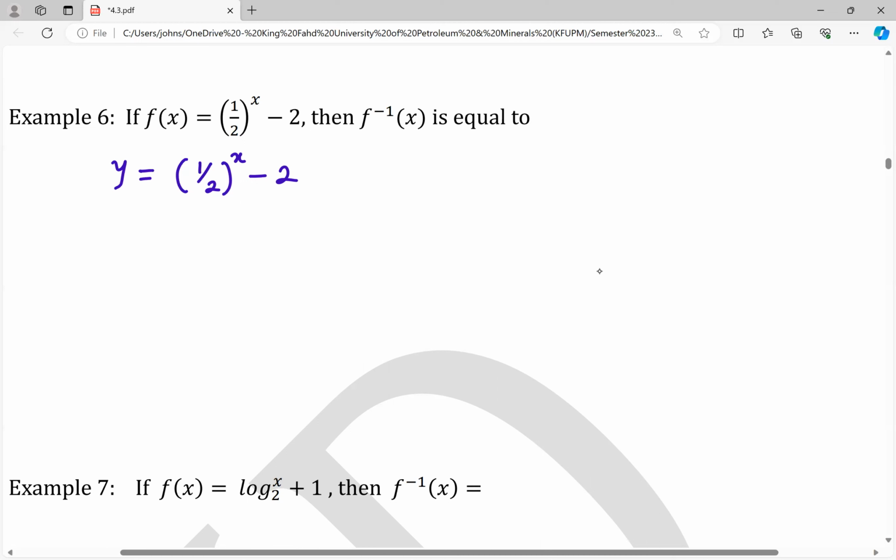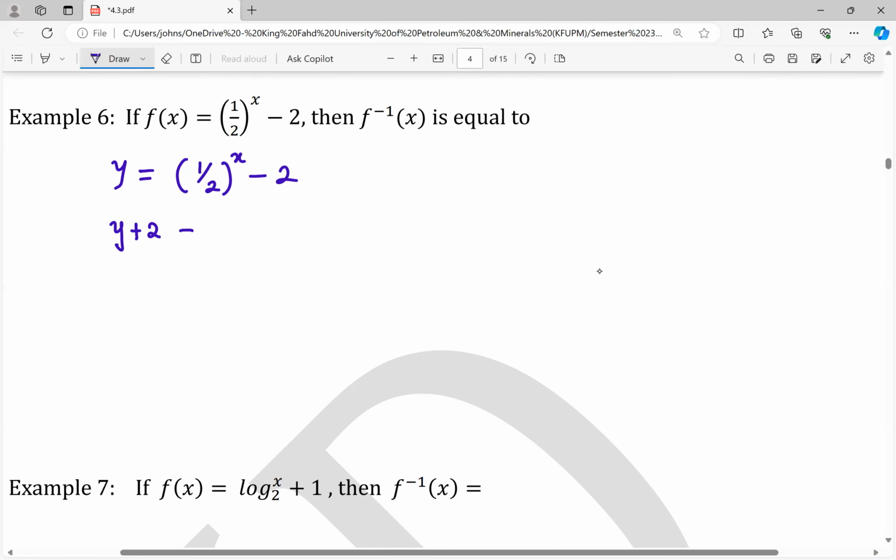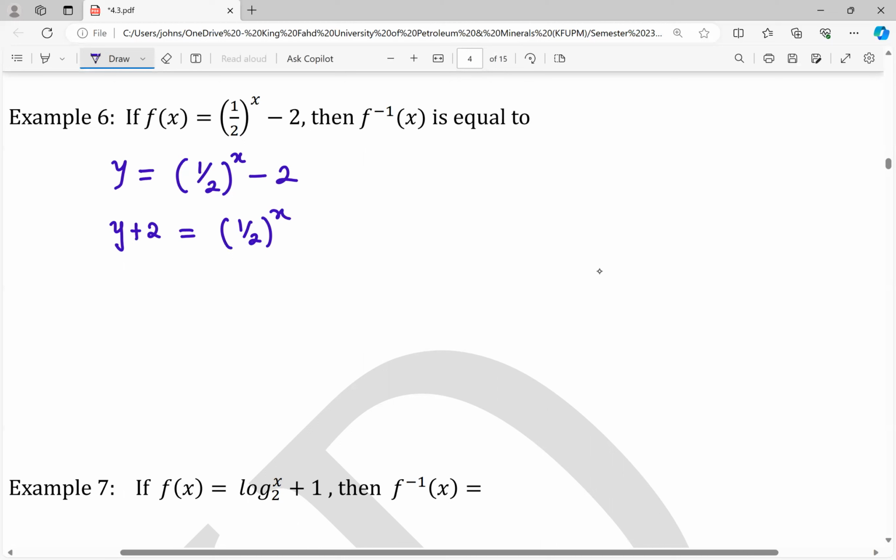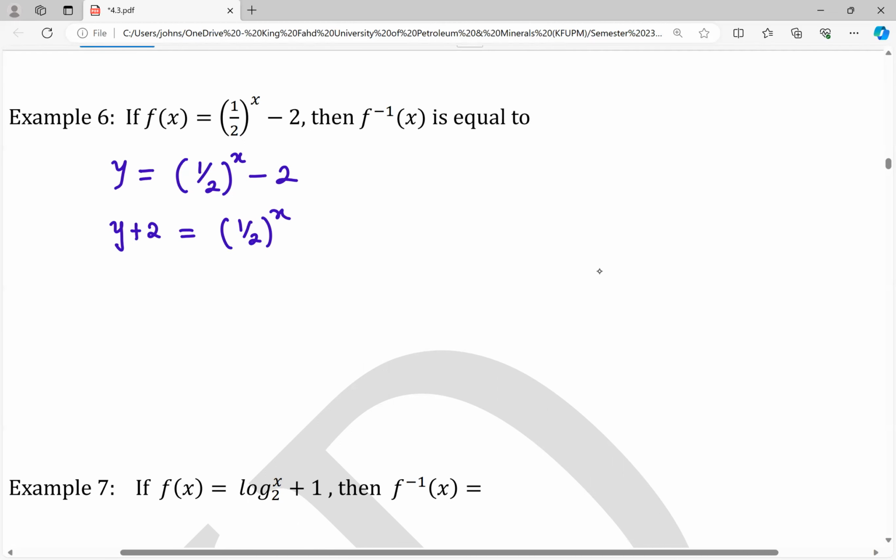How do you solve for x? So you have y plus 2 equals 1 over 2 to the power x. Now you have to solve for x, but here we cannot solve for x by comparing the bases, because the bases cannot be the same. So we can take logs.